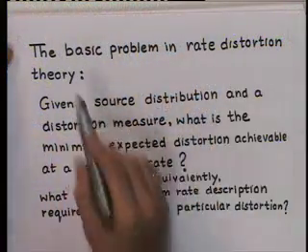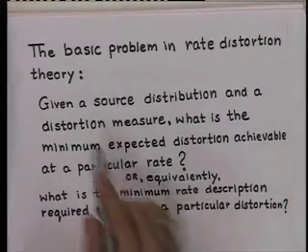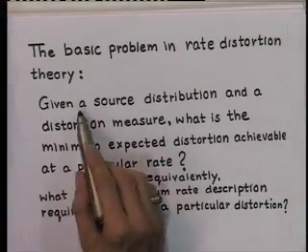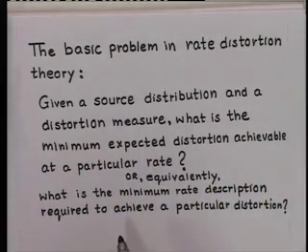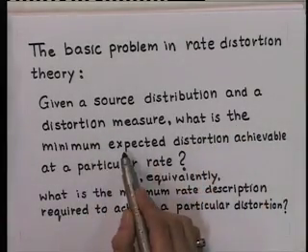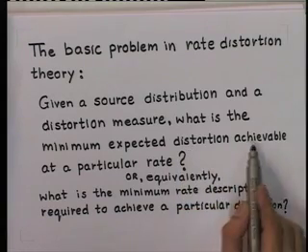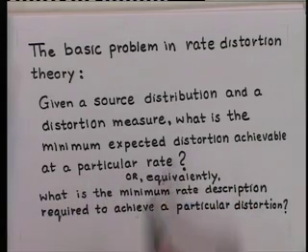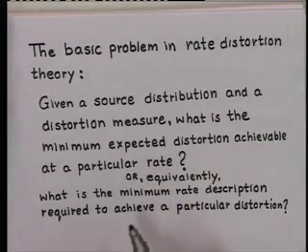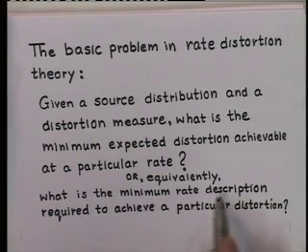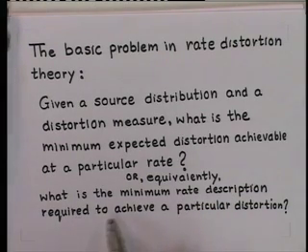So, the basic problem in rate distortion theory can be stated as follows. Given a source distribution and a distortion measure, what is the minimum expected distortion achievable at a particular rate? This same problem can be equivalently posed as: what is the minimum rate description required to achieve a particular distortion?